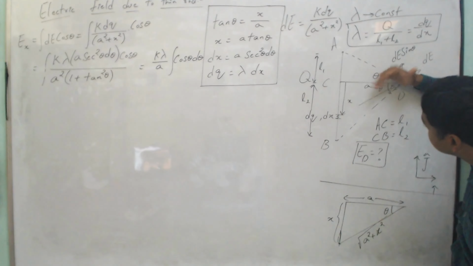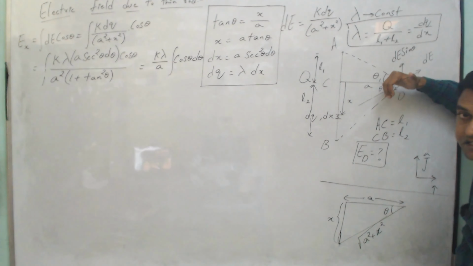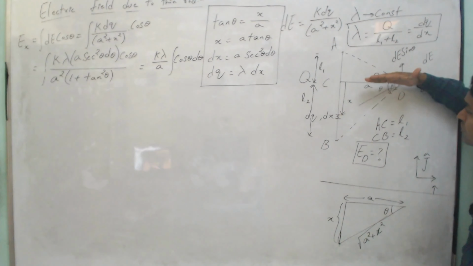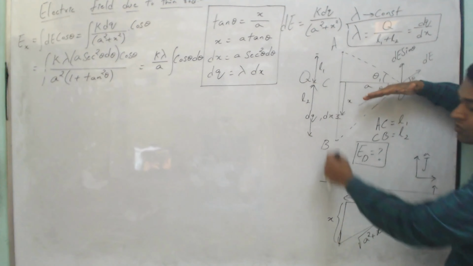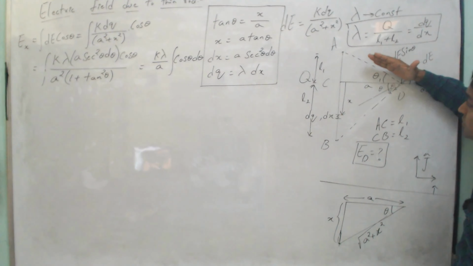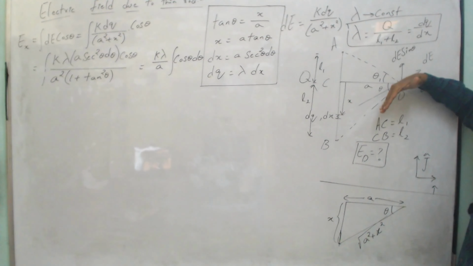So if my reference, what is theta? From this reference line in the anti-clockwise direction. But I have to consider the entire rod. That means I have to start from here and go till here. Correct? So my limits of theta will be what? Minus theta 1 to theta 2. Why minus theta 1? Because from this reference line, I am going in the clockwise direction.